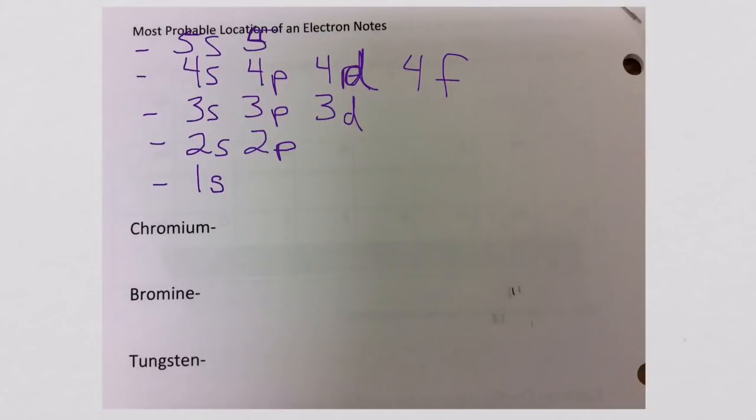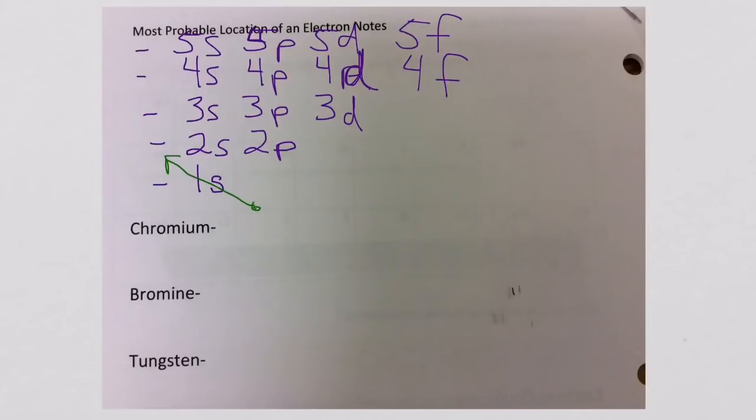You also have a 5p, a 5d, and a 5f. Okay. Now, let me show you how to use this kind of stacking thing we do. If you draw a line diagonally up and through the order, it gives you how to fill.